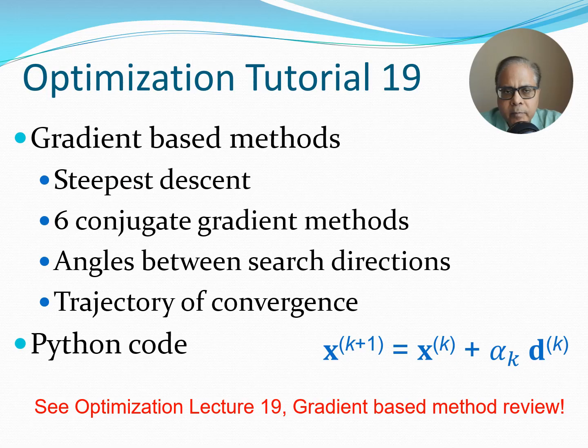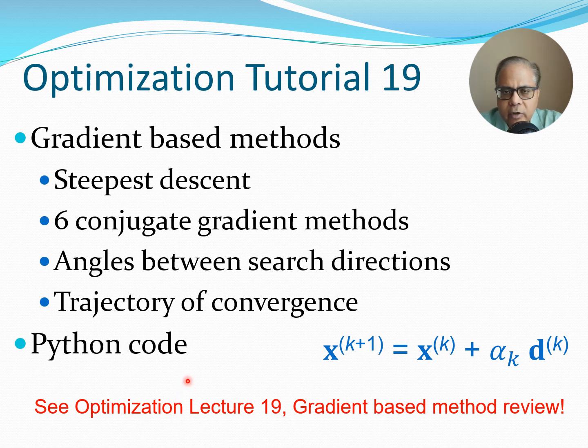I'm Dr. Ganguly. In today's video, we are going to look at the gradient based methods, the steepest descent and 6 conjugate gradient methods, and explore what happens to the angles between the search directions, that is dk and dk plus 1. We are also going to look at the trajectory of convergence, that is the path of the design vector as you go from the starting point to the final optimal point.